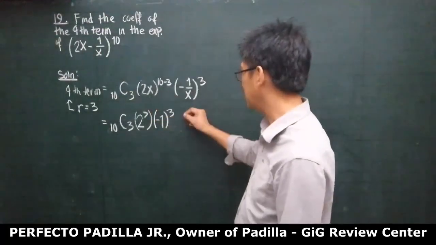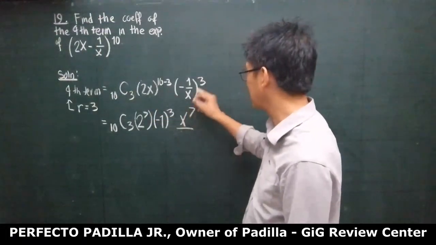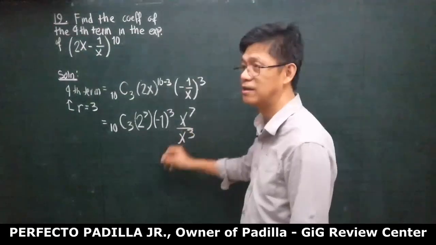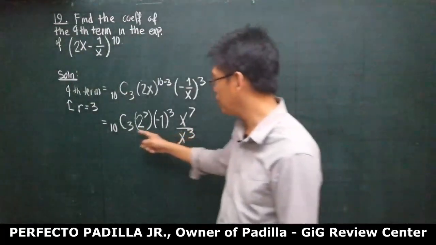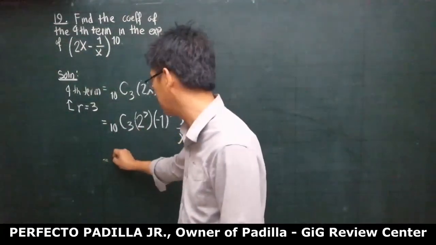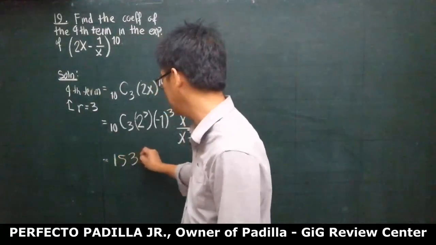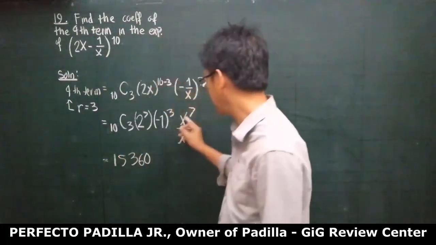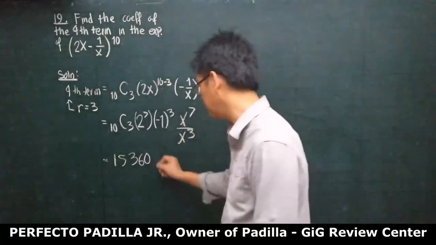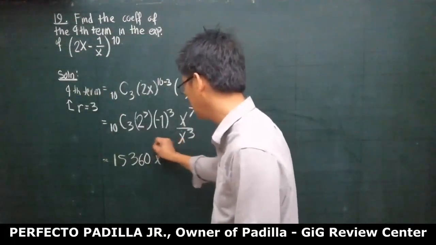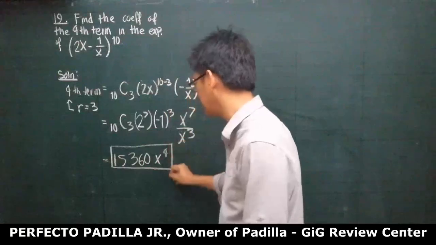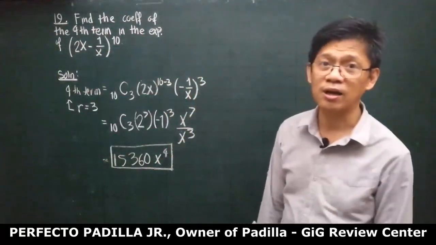X to the 7 over x to the 3. So, therefore, you calculate this and you'll get here 15,360 x to the 7 over x cubed. This is x to the 4th. This is the term which we are looking for.